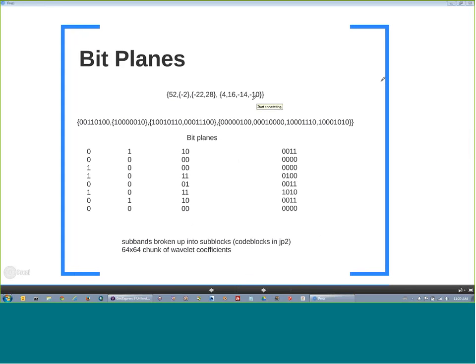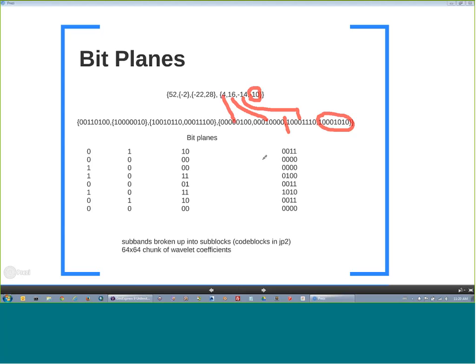But let's take a look at what we're doing here. I'm converting these decimal values here, and of course these would be binary from the start, but I'm converting them for the purpose of showing you what a bit plane is. I'm going to convert these into binary numbers. So this -10 that you see here is represented in binary by this number. This -14 is represented by this number. This -16 is represented by this number.